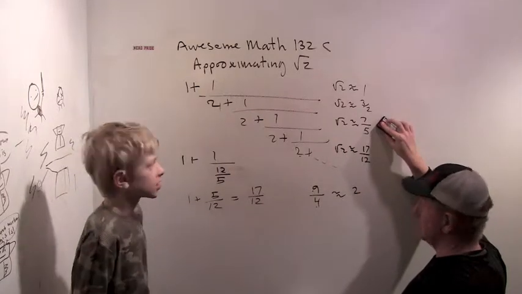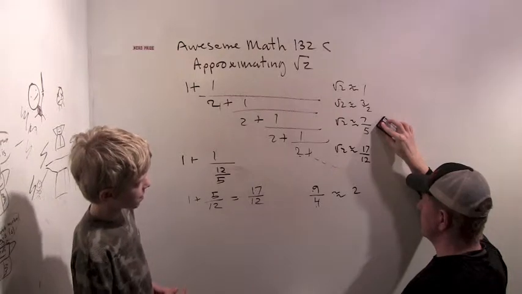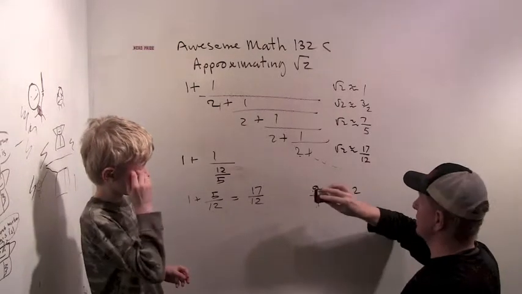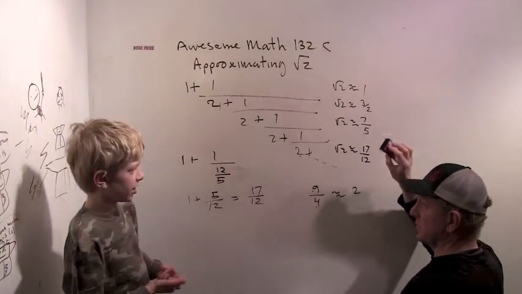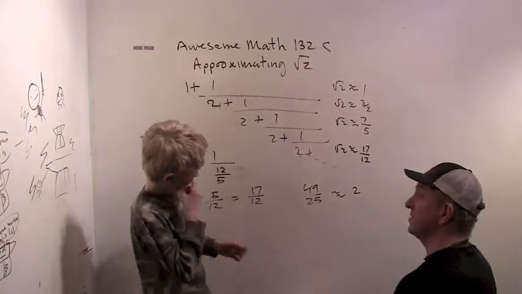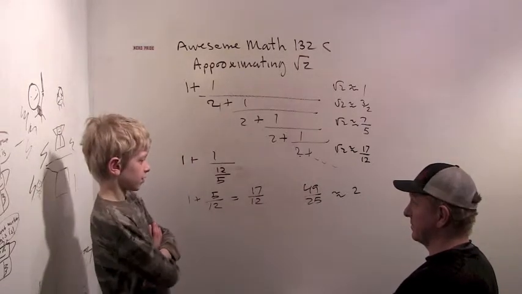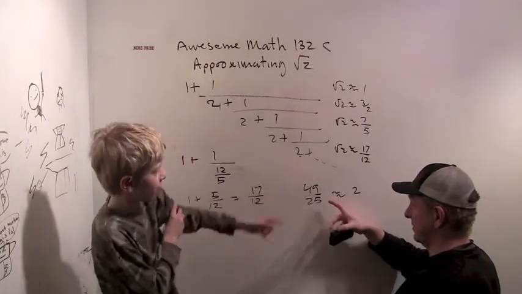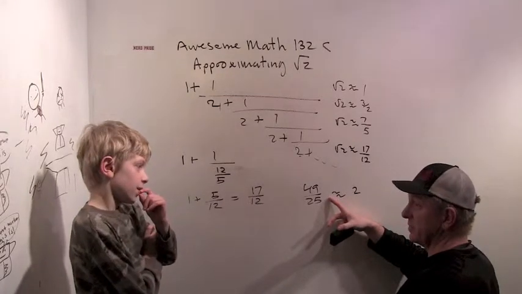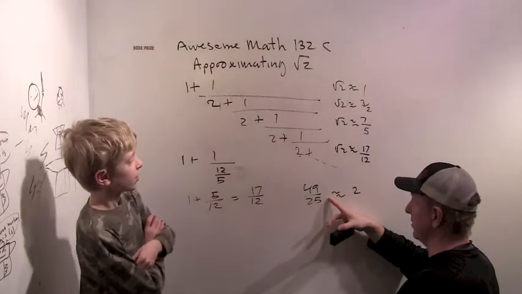You get 49 over 25. Is that approximately 2? It's almost 2. What would be exactly 2? It would be 50 over 25. So it's really close.